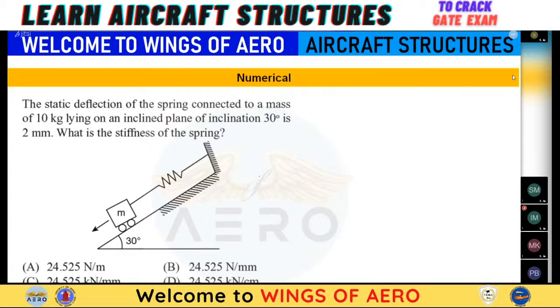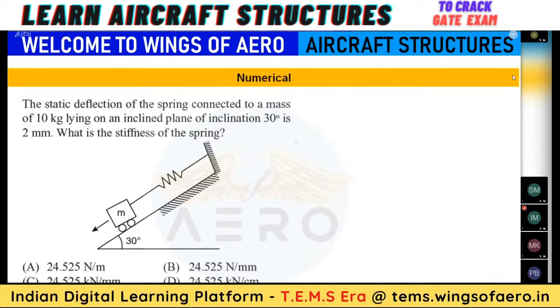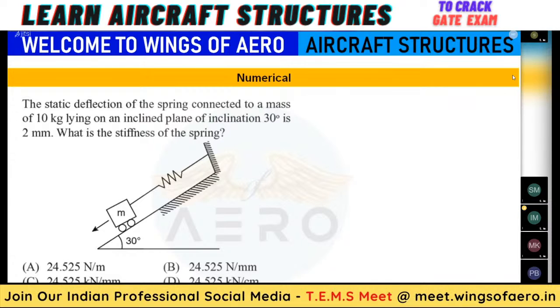This is a mass. From the mass, one spring is attached at an incline. What will be the k value?